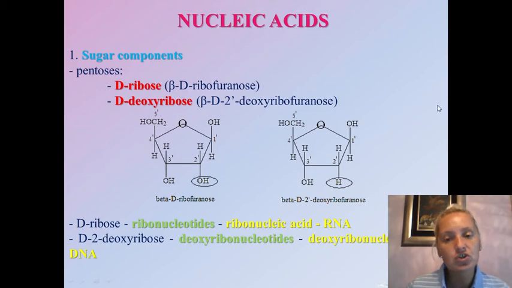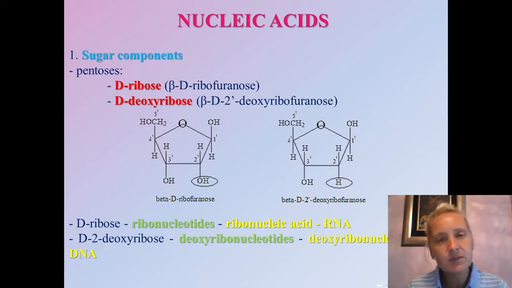The structures are represented here in the figure. So this is beta-D-ribofuranose, and this is the 2'-OH group, which deoxyribose lacks. That is the only difference between those 2 pentoses.